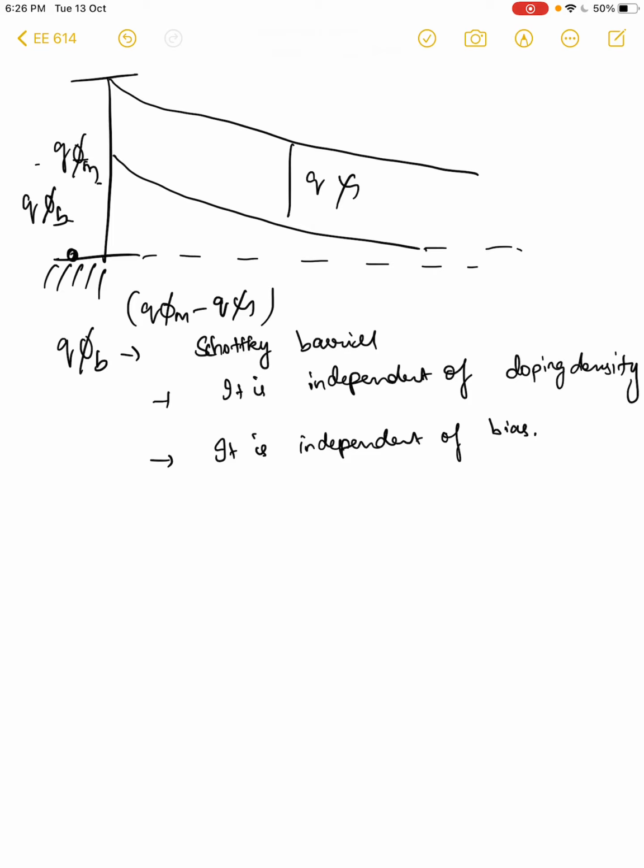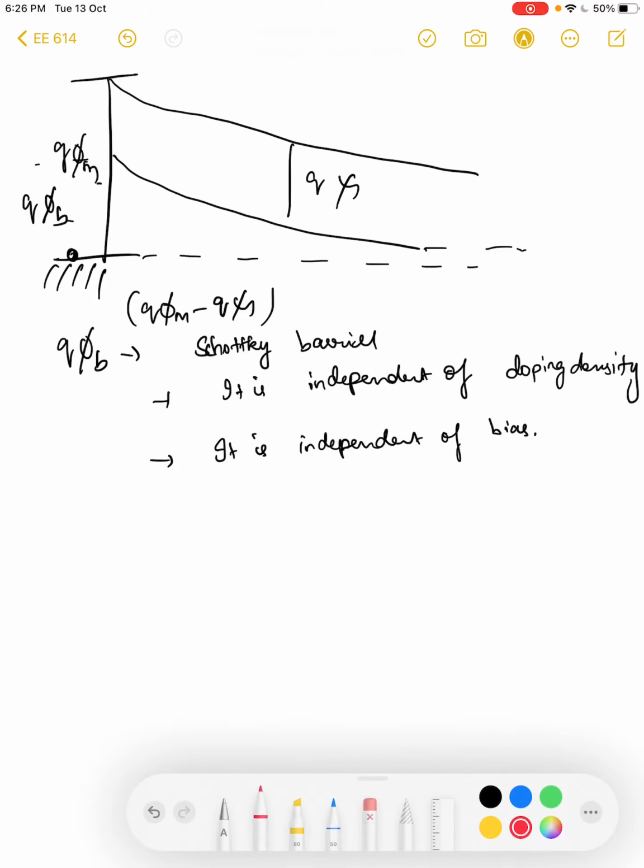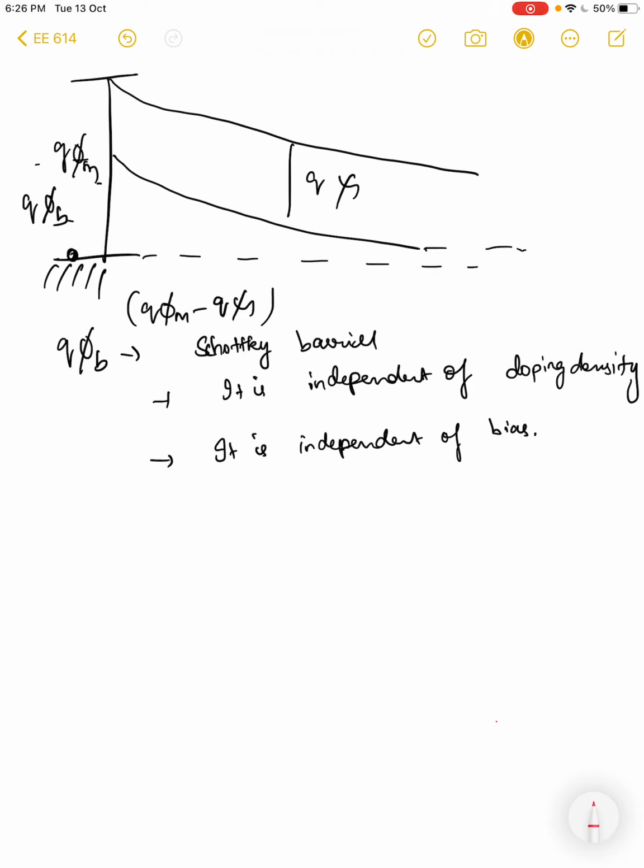This diagram that we have drawn was under equilibrium conditions. Even under equilibrium conditions, because the electron faces a potential, namely the built-in potential or the forward bias or the reverse bias potential, its actual work function or the barrier at the metal semiconductor interface is not q psi b, but has a reduction in value because you have a built-in potential.